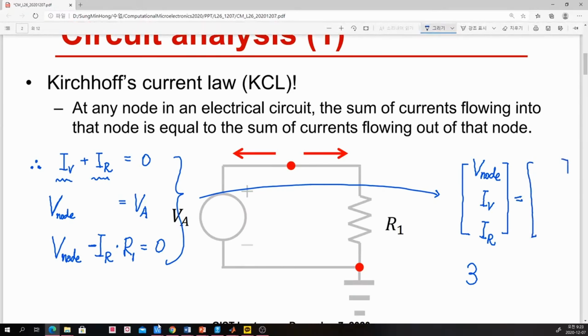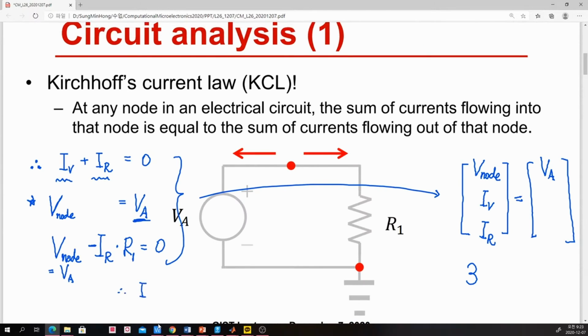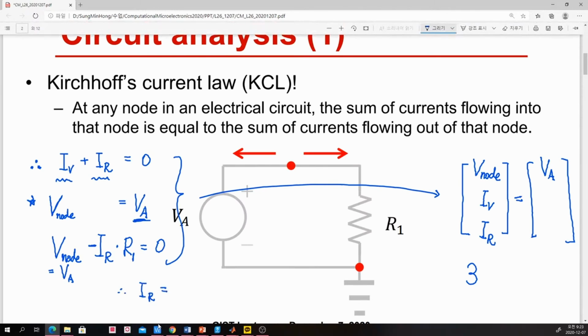By solving these equations, you can easily understand that V node is given as V A. From this information, our V node becomes V A. So I sub R now becomes V A divided by R1.